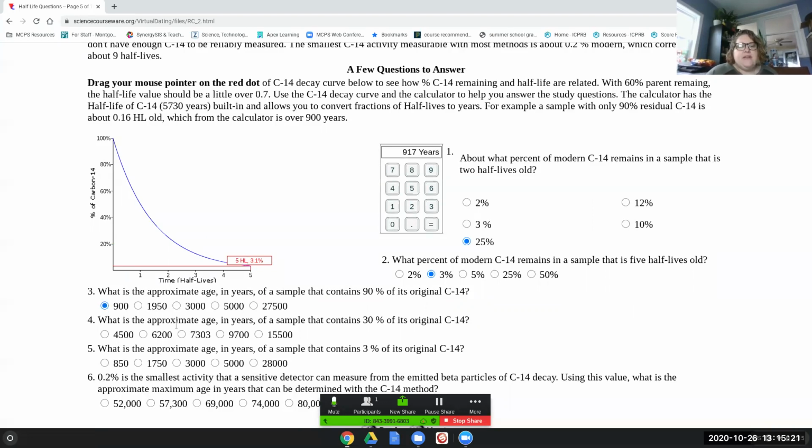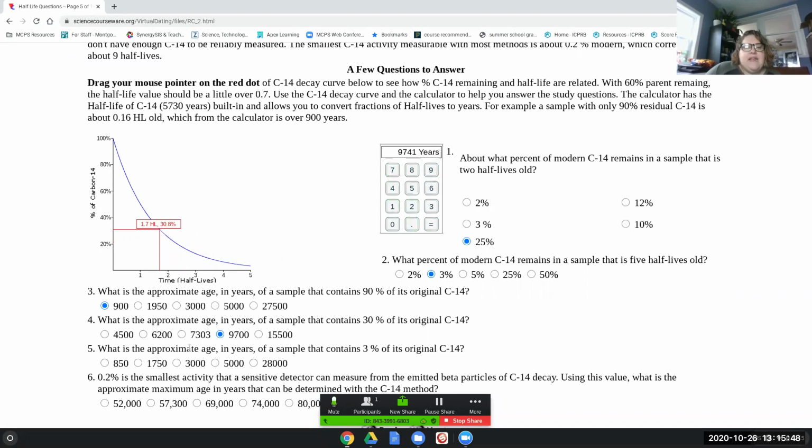What is the approximate age in years of a sample that contains 30%? So I'm going to make this percentage as close to 30 as possible and type that half-life number into my calculator. So I'm going to do 1.7. 9741. So 9,700 is closest to that number.